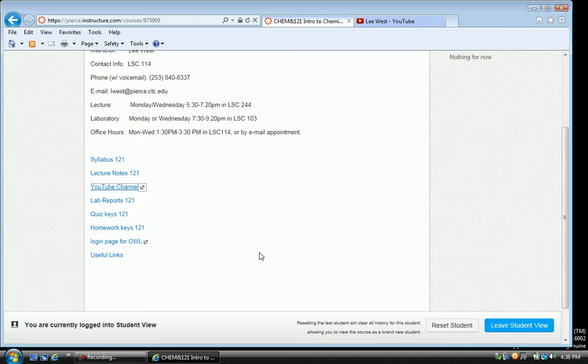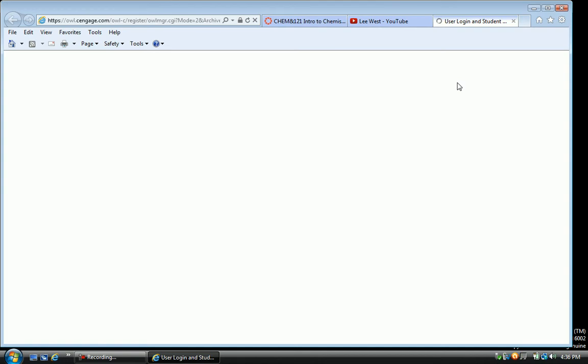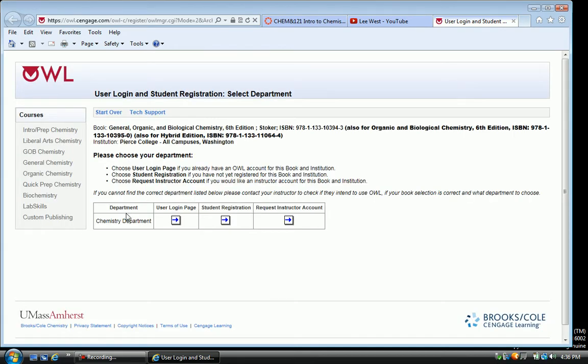And then the other nice thing that I set up is a link that takes you directly to OWL, so you don't have to go through so much hassle. It skips all that step of selecting the correct book, and then all you have to do is either register if you haven't yet, or log in. So about 30 people have registered for OWL at the moment, and I imagine a few more will before too long.